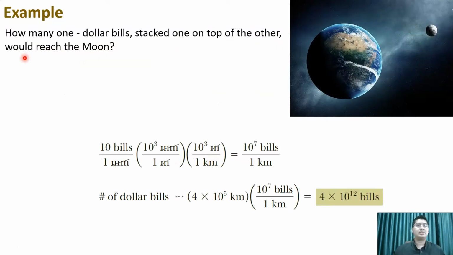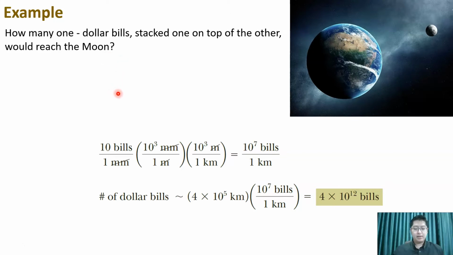This is the last example for this lesson. How many $1 bills stacked one on top of the other will reach the moon, so that you can build a bridge between the earth and the moon using money, using dollar bills.